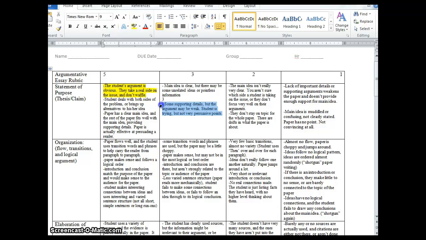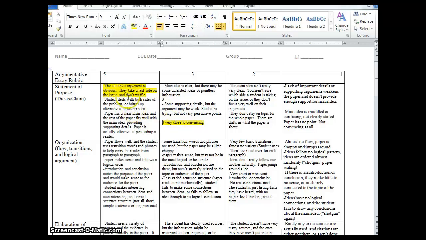Student is trying, but they're not very persuasive. Let's say that they're, in fact, in between there. So let's go ahead and right underneath here, you would put a 4, and you would say, very close to convincing me. So there it is, very close to convincing. Whoops, we're going to highlight that just like that.